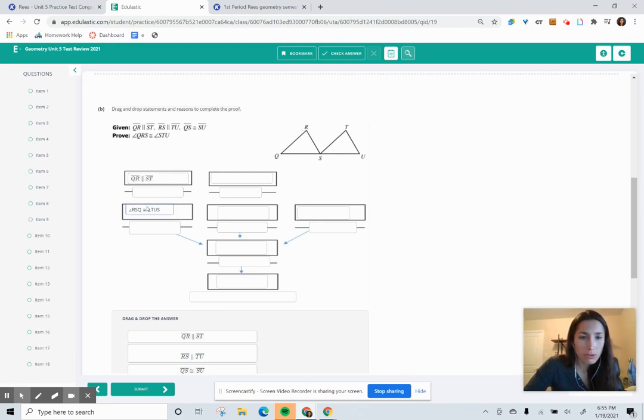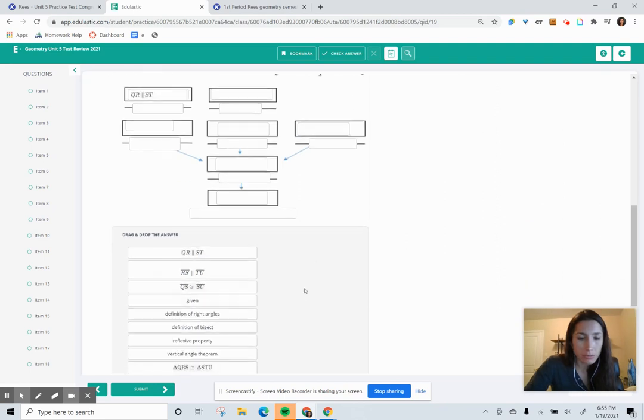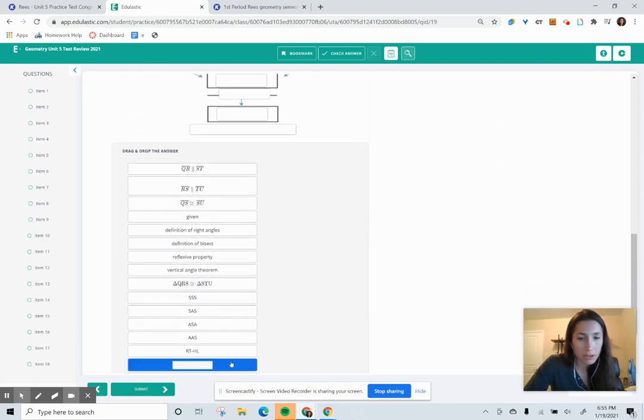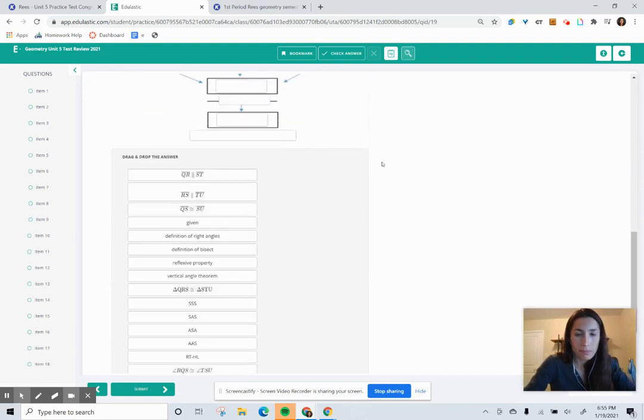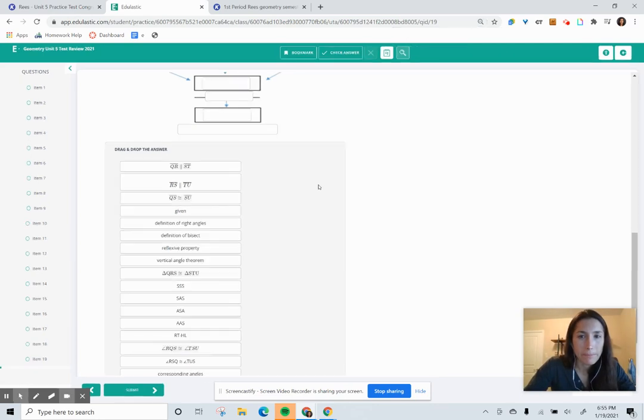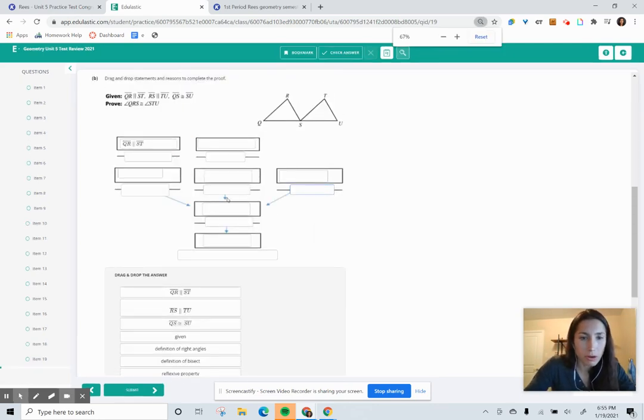And then the angles were congruent. Oh, those are the wrong angles. Let me move that back down here. So we need RQS and TSU. Let me get the right ones. RQS, TSU. Here we go. Zoom out just a little bit more.